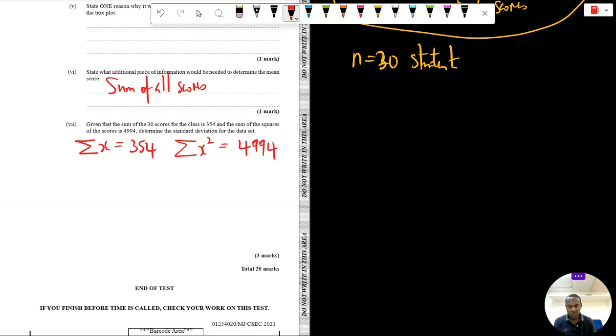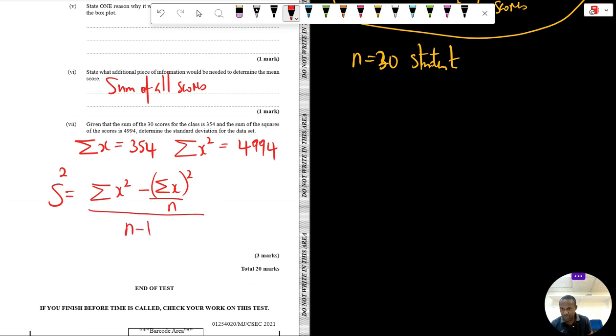This formula is normally quoted at the front of the booklet in the list of formulae. The formula is s squared, which is the variance, equal to sigma x squared minus sigma x all squared over n, all divided by n minus 1.